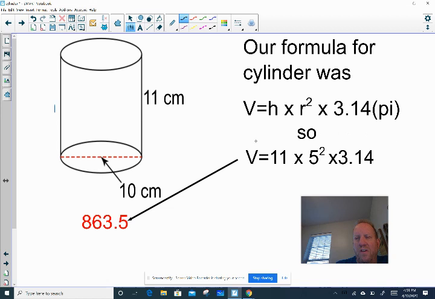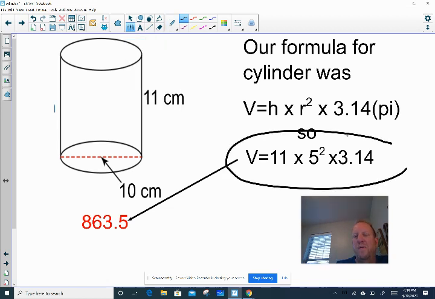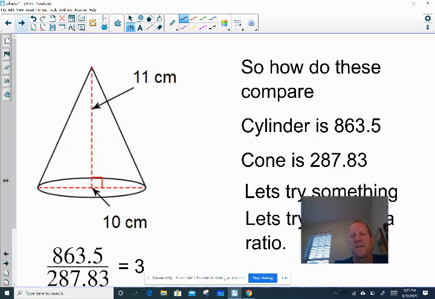This is an important piece to remember. Remember, radius is halfway across. Square the radius. Multiply it by pi. Okay, so now let's look at the next slide.